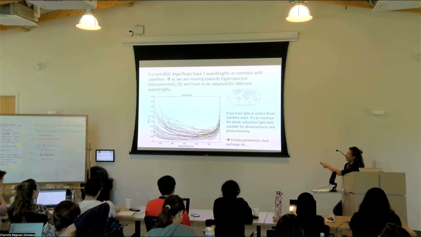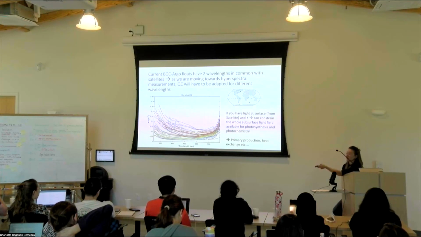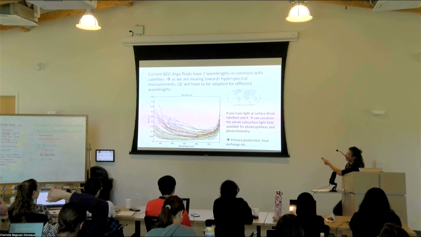But that also means that we'll have to adapt our current QCs for wavelengths where the optical depth might be at 50 centimeters. So this is something to think about, something to potentially work on. I think someone in the new lab is actually working on this. That's what you were saying, right? The new quality control, yeah.